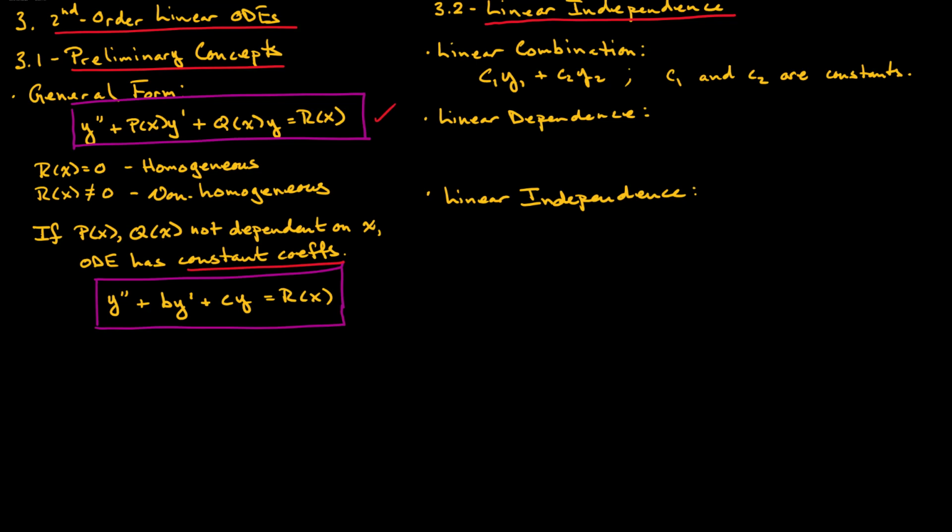The next concept is that of linear dependence. We say that two functions are linearly dependent if one function can be expressed as a constant multiple of the other.